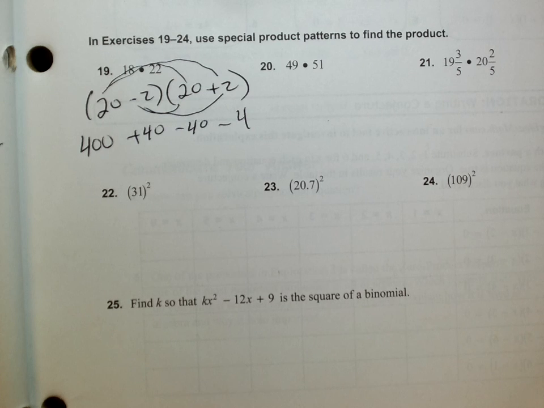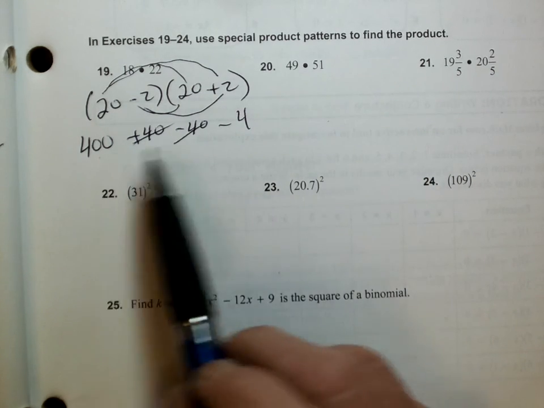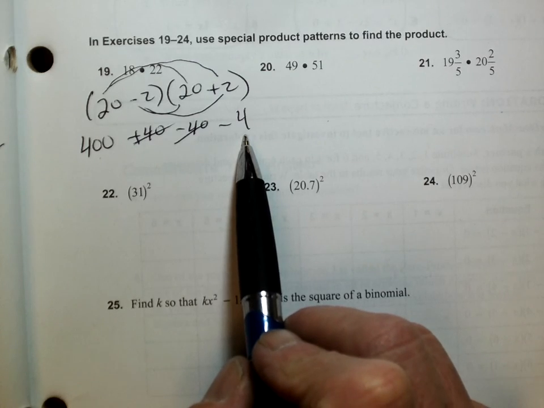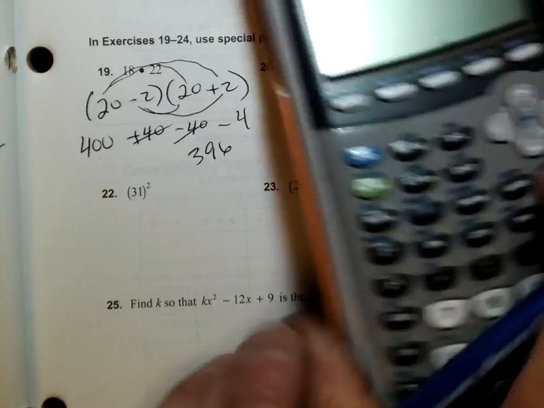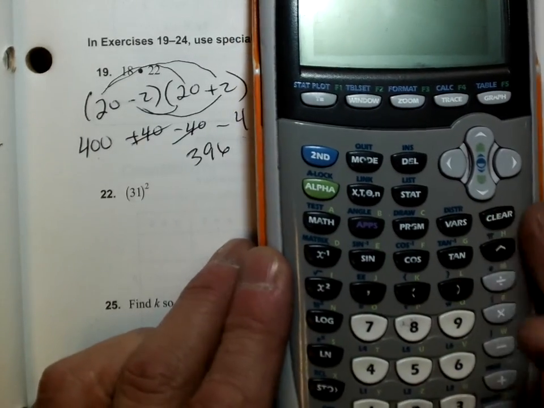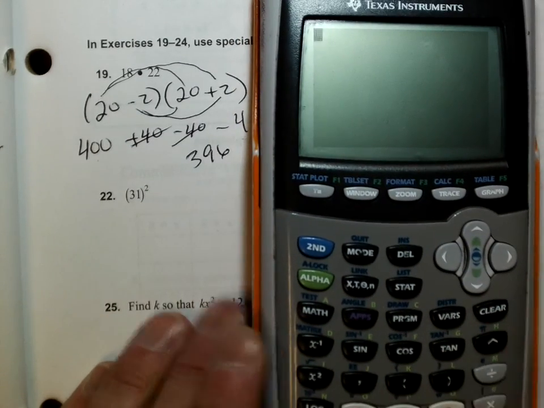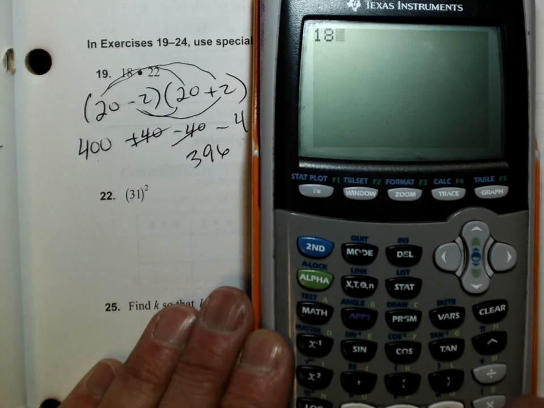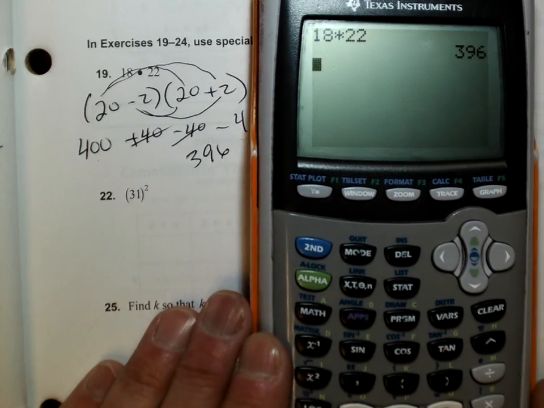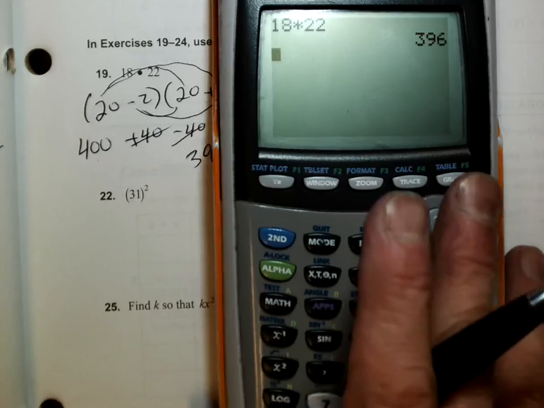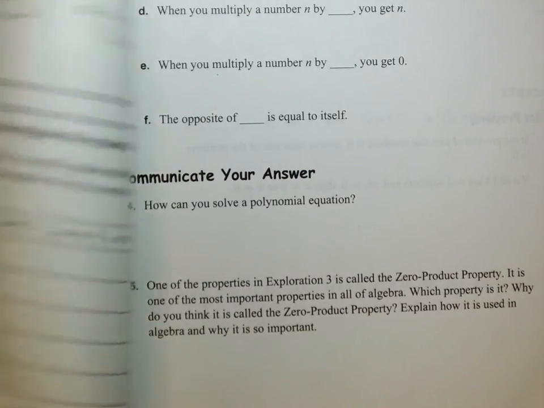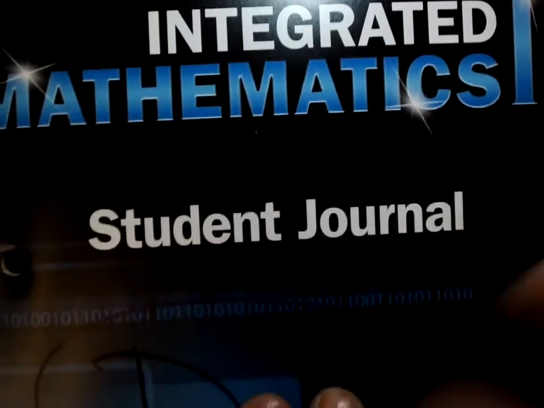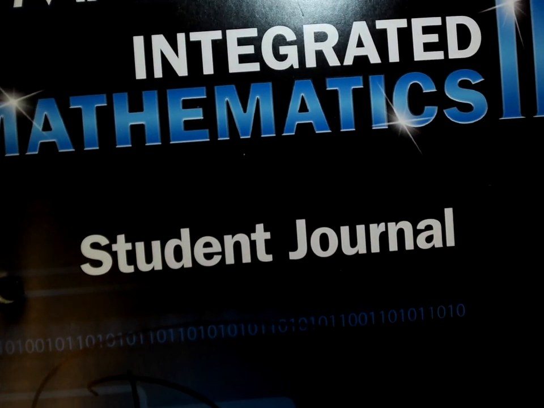Then all of a sudden, I don't need a calculator, do I? Because those two cancel. And what is 400 minus 4? 396. If I use my calculator, what is 18 times 22? Wow, what do you know. Pretty slick. Okay, so that's what we're going to do for the day. Let me stop recording.